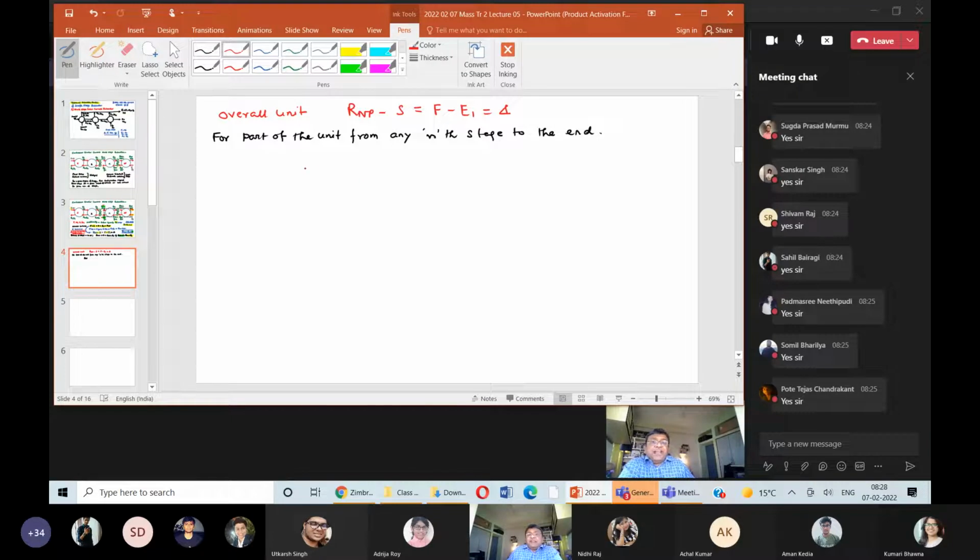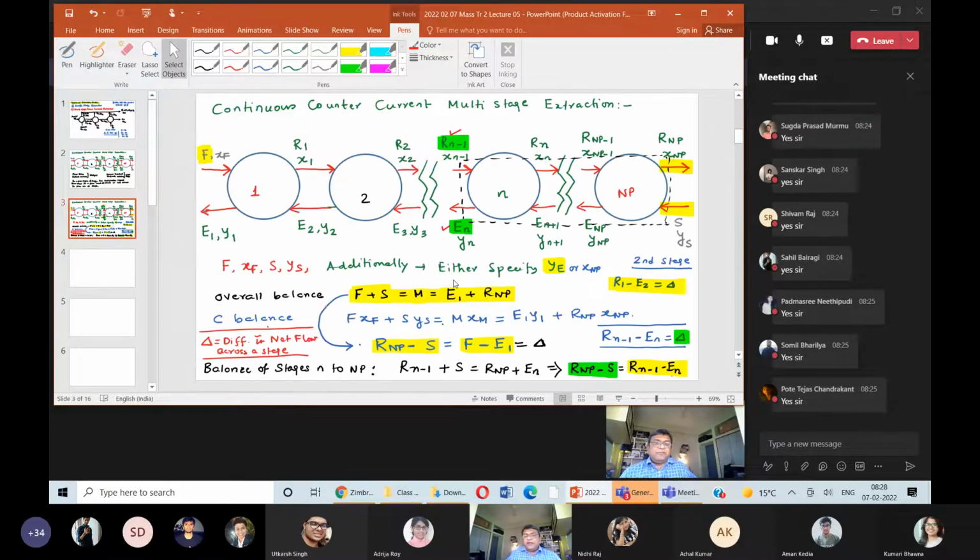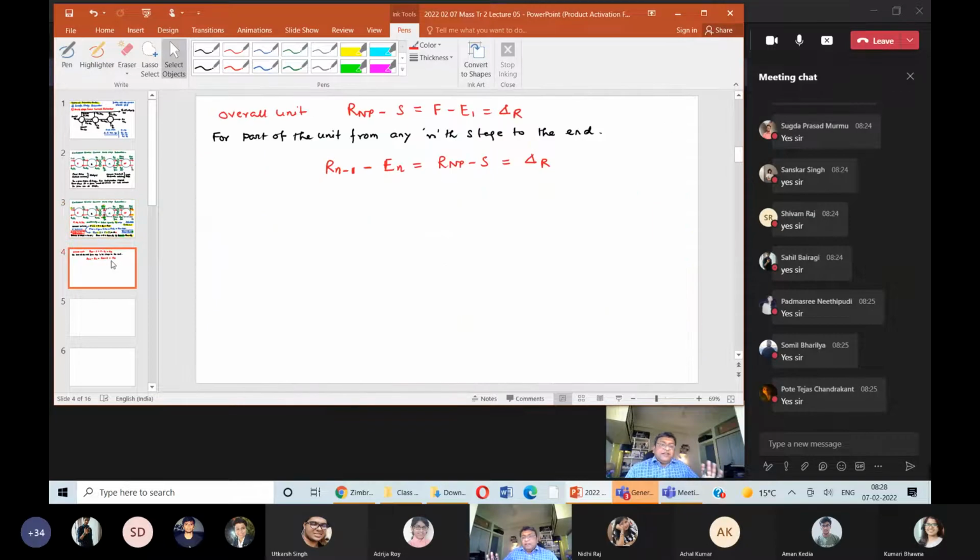Any nth stage, the entry is going to be R_(n-1). What is leaving that nth stage is E_n. Now this we can show is equal to R_NP minus S, which is equal to delta. I hope now it is clear to all. Delta R. They write it delta R. It's fine, you can write delta also. So I'll just follow the standard pedagogy, delta R. Right? Okay. Is it clear to all?